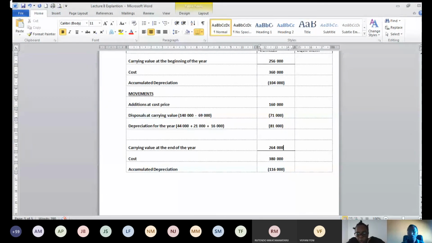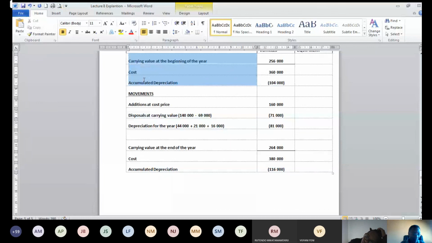So, just to summarize this note now here, guys. The note in itself consists of 3 sections. We want to know, as far as the asset is concerned, what is the situation at the beginning of the year?